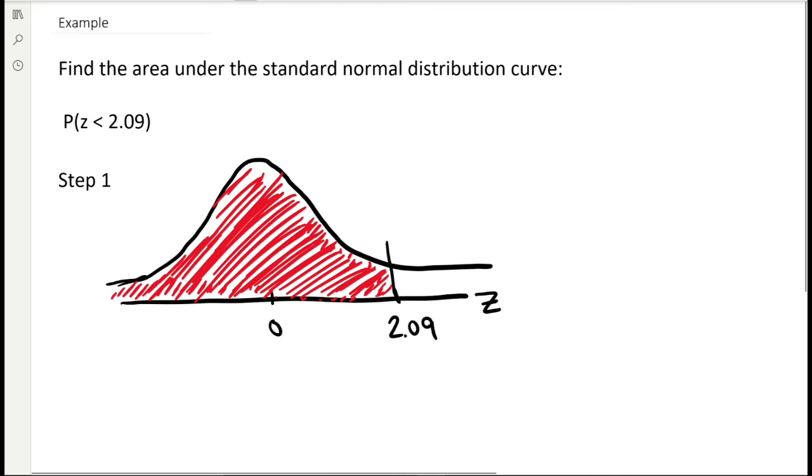So let's look at step one. We're going to draw the normal distribution curve. This is the standard normal distribution curve drawn here, and we have the value of z equals 2.09 labeled, and we want the area to the left, which is shaded in red.